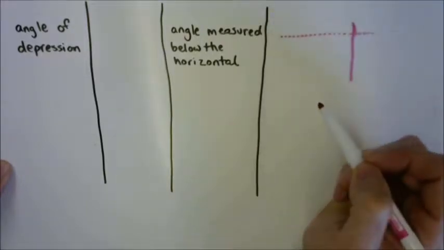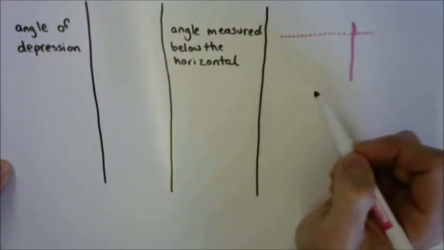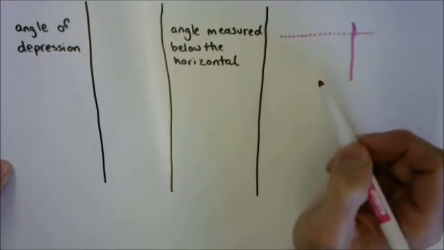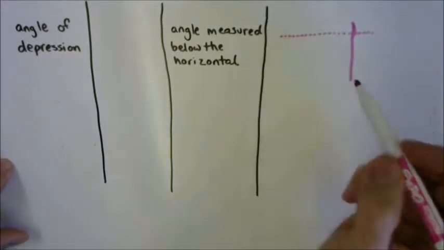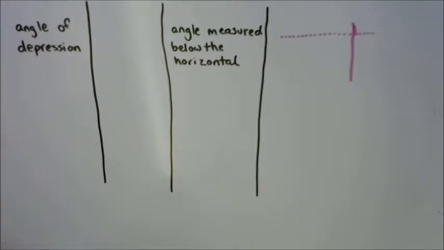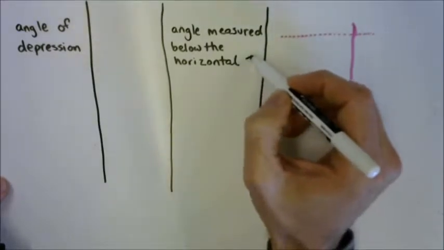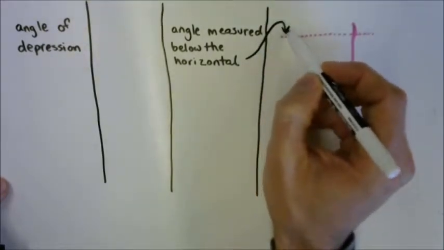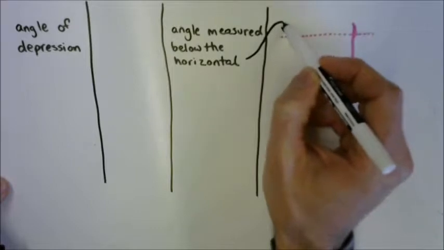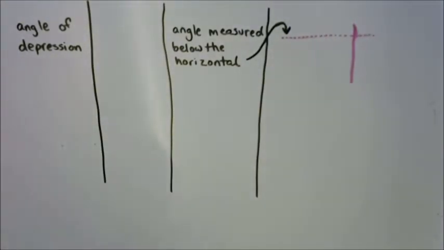It's perpendicular to the wall, to the vertical line, and that is called the horizontal. If you want to give yourself a cue, you can draw an arrow from above, because the rest of our diagram is going to have things below. But the horizontal is right there, that dotted line.